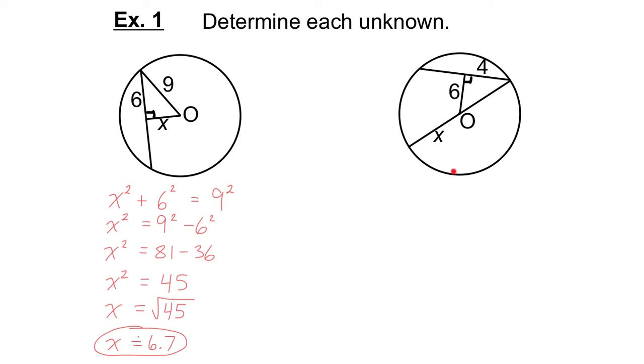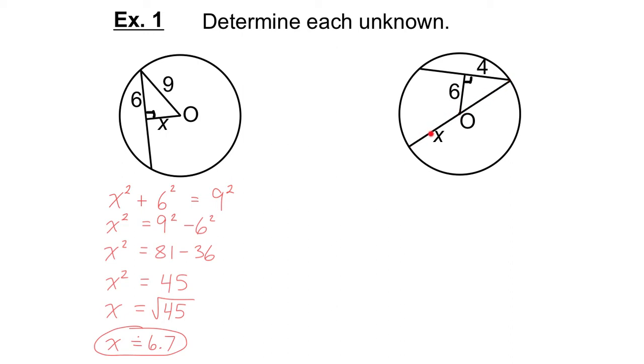In the second one here, I've got the center of the circle here. Here's a chord. This line is meeting the chord at a right angle. So I have a right triangle here. That means 4 squared plus 6 squared equals this side squared. Now this side is from the center of the circle to the outside. That's the radius.